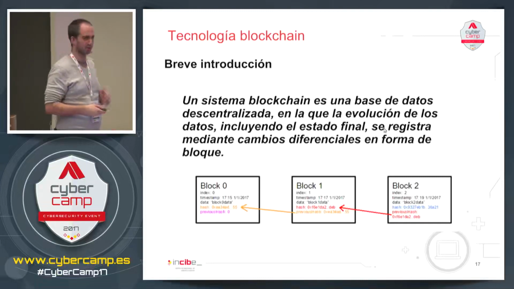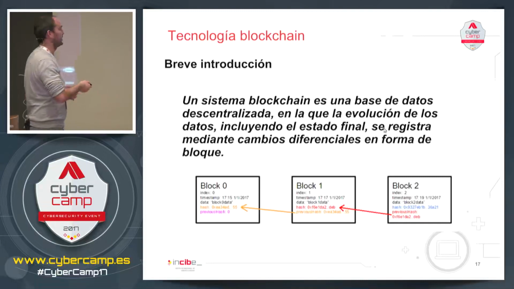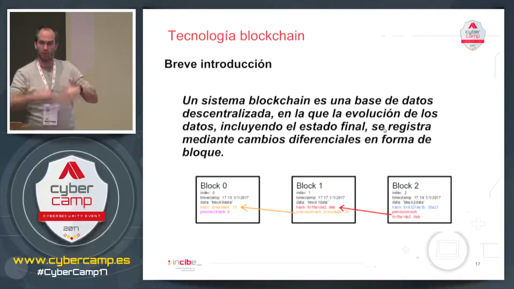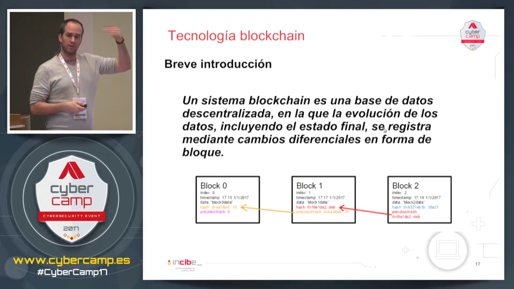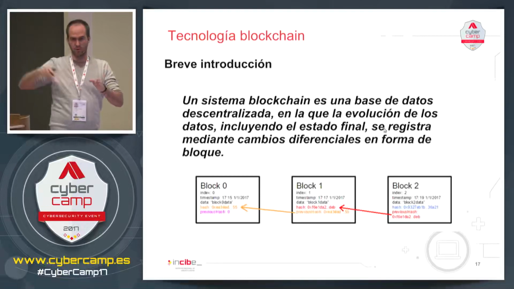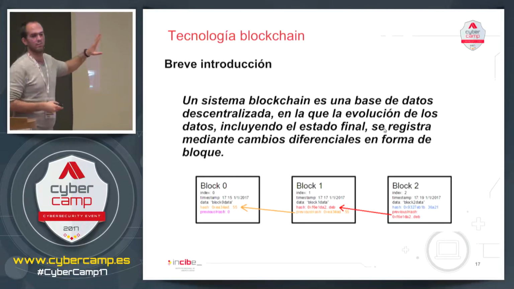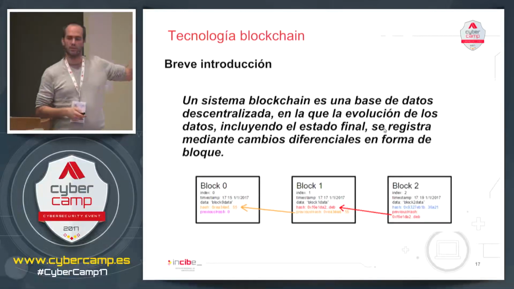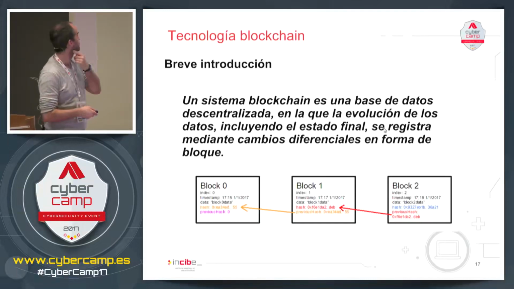So believe me, the account making the payment had €5 at the beginning. So this block 1 is valid. Everybody is going to validate it, and the status is going to be updated, and the general status of the network with a differential: 1, 2, 3, 4 plus €5, and 1, 1, 2, 3, 5 minus €5. You don't need to resend all the statuses of all the accounts in the system.